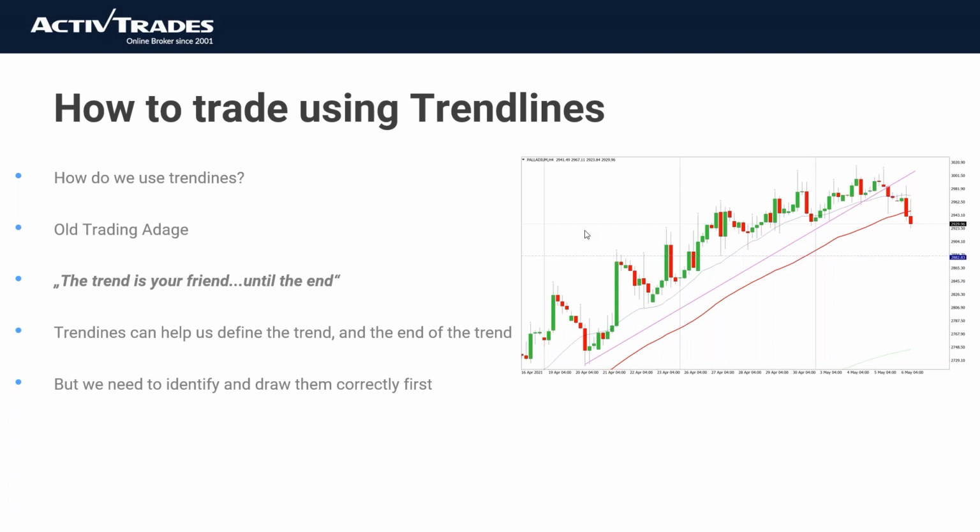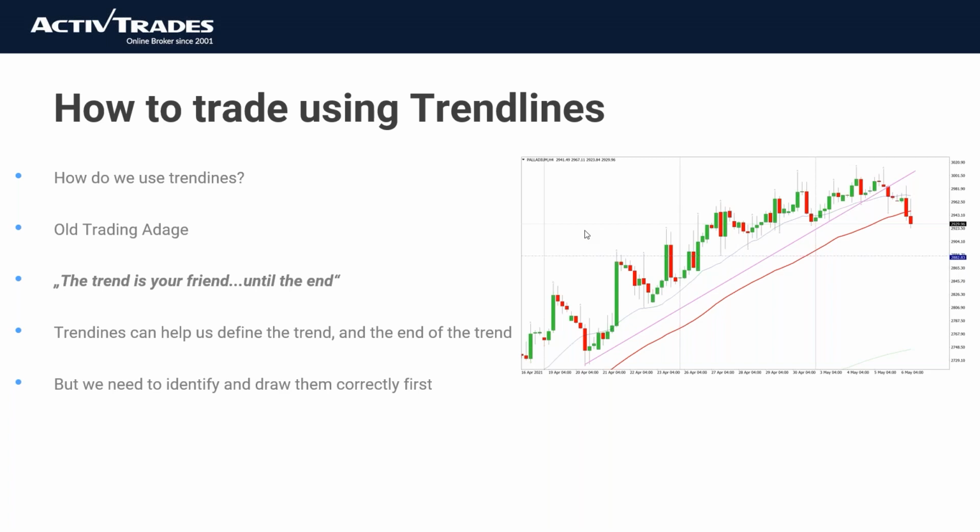And it's that possible end of the trend which can help us if we are a trend trader, as it gives us a reason to close our position, or alternatively it may make up part of a reversal trading plan that allows us to have an idea as to when the trend may be ending, and whether there's a new trend in a new direction that we may wish to be part of.